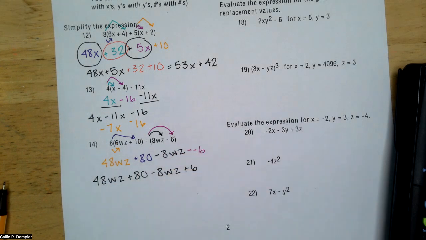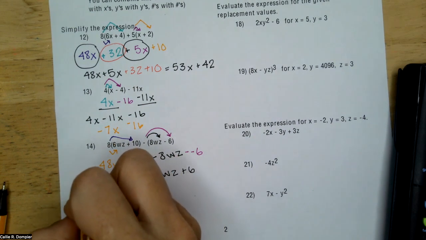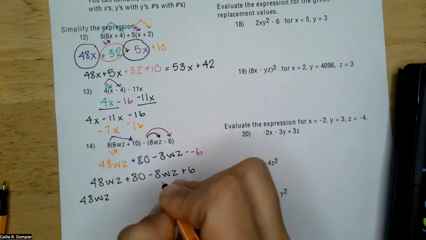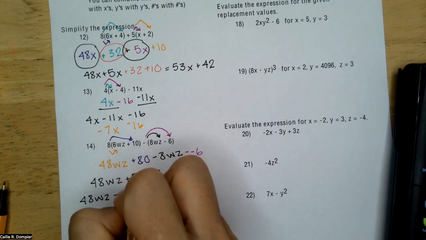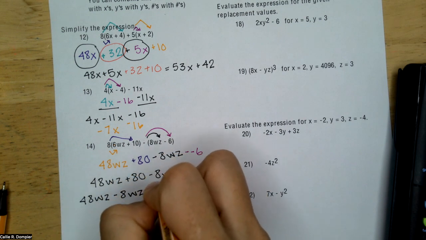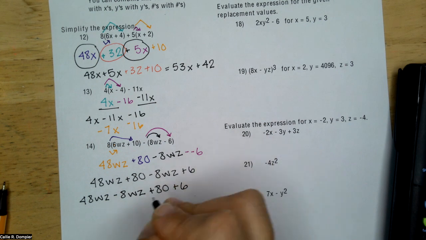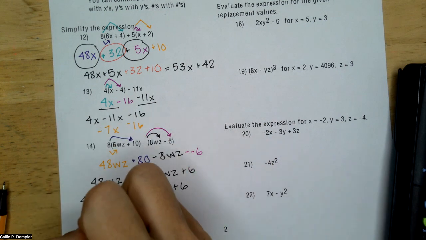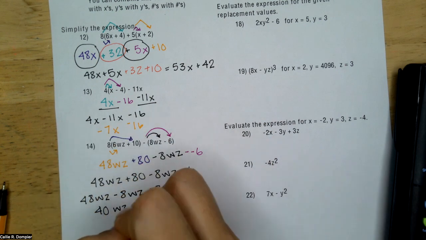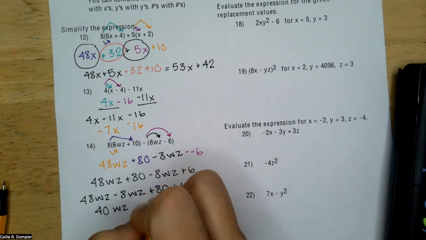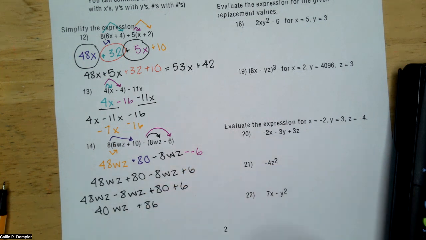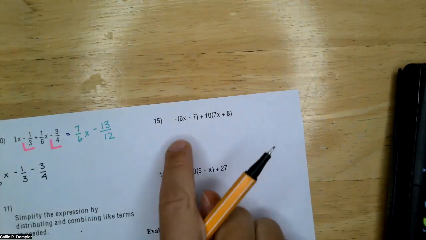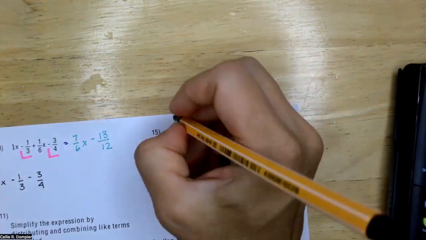Because minus a negative 6 makes a positive 6. 48 is like terms with the 8. So 48 minus 8 just gives you 40. And then 80 plus 6 is 86. Good? All done.